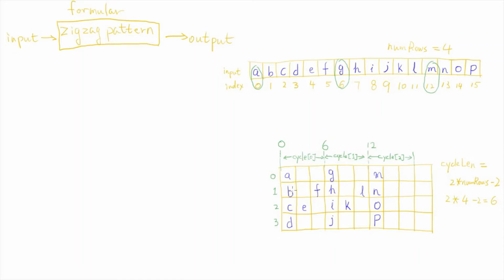Now, let's discuss the formula to calculate the position in the input string for each character in the matrix. For example, the letter A in the matrix. We need to use the formula to calculate the position in the input string for the character A. First, we will look at the characters in the first column of each cycle.